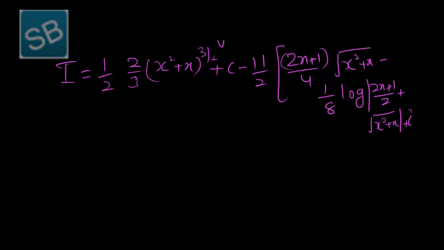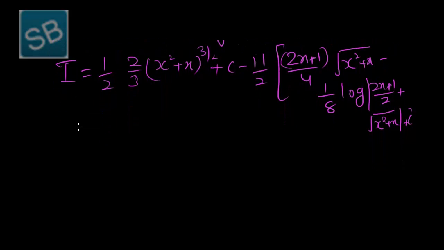So we get as a whole, I is equal to 1 by 3 (x square plus x) raised to power 3 by 2, minus 11 over 4, or we can say 11 over 8, we can take out.